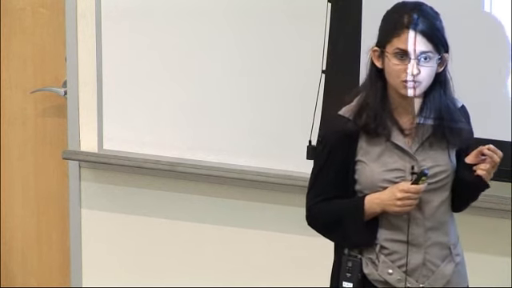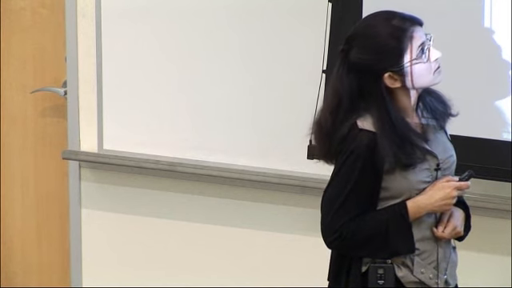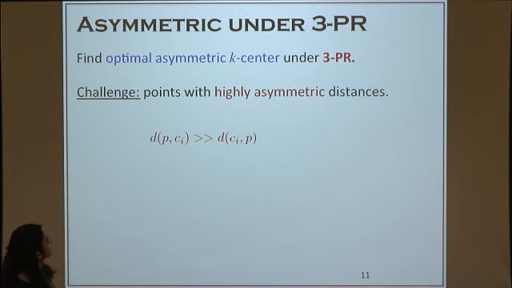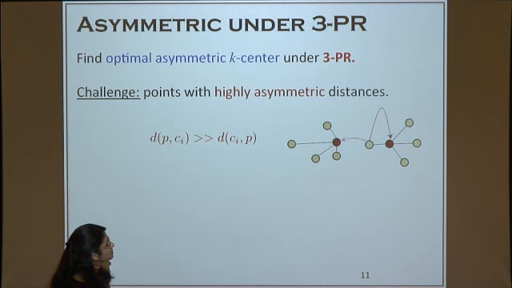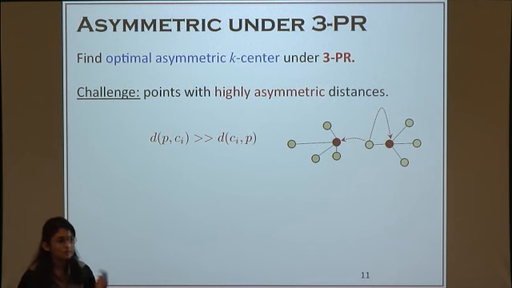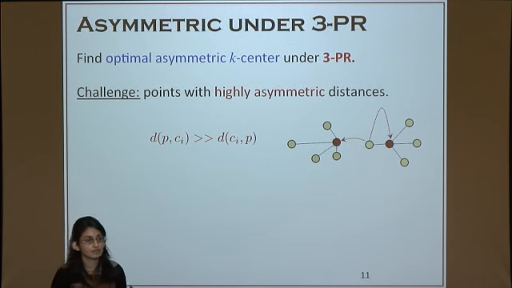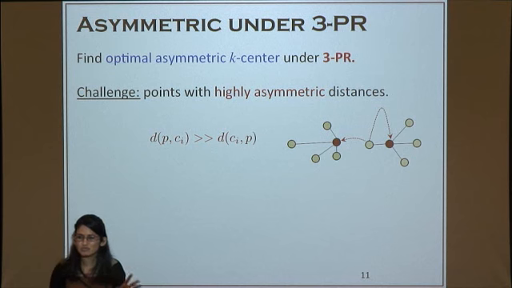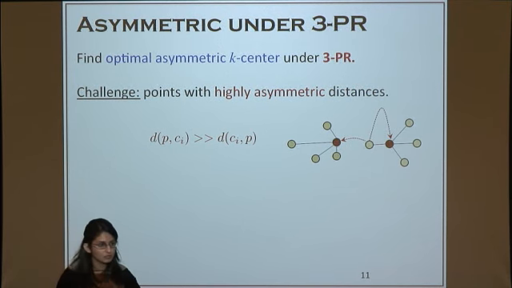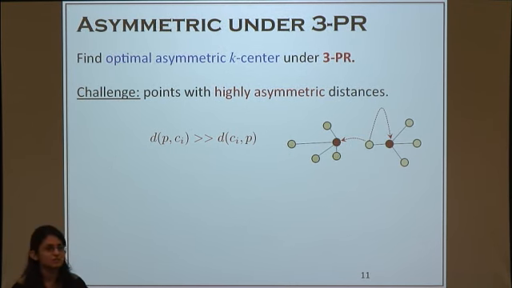This is especially a problem when a point is much closer to a center of a different cluster than its own center. The problem here would be that if I draw a ball of radius r around each point, a point might not capture any of its own points in the same cluster. So these points are not really good. We don't want to deal with them, or we want to sort of filter them and not worry about them too much for now.